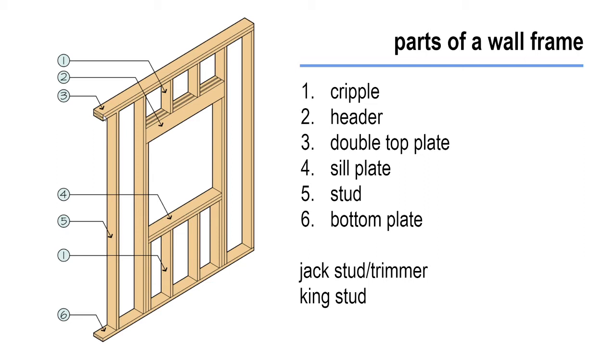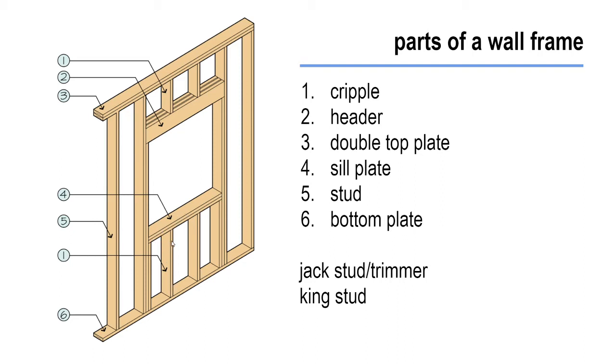And then at the top we have what's called a double top plate, which we double up to help tie our corners and connect our walls together a little bit easier. Anytime we have openings, they'll have a header at the top, and if it's a window, there'll be a sill plate at the bottom.